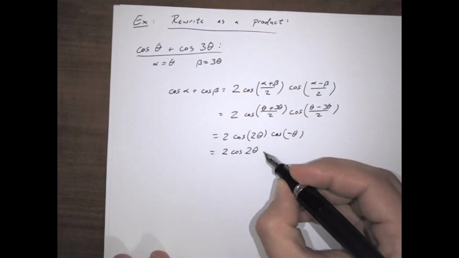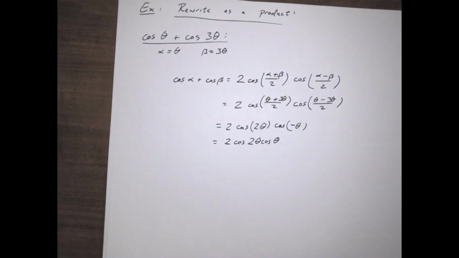So we have 2 cosine 2 theta cosine theta. So now it is a product instead of a sum.